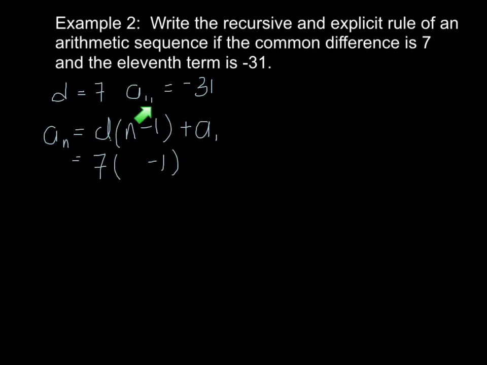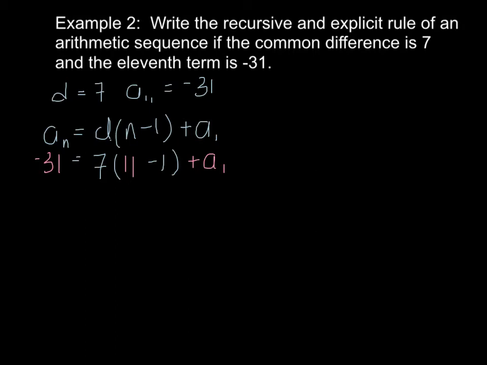So right there, 11 is our value of n. So we're going to plug 11 in for n. We also know that a sub 11, or the 11th term, is negative 31. So we're going to substitute in negative 31 for a sub n, and then plus a sub 1, and we're going to solve for that.